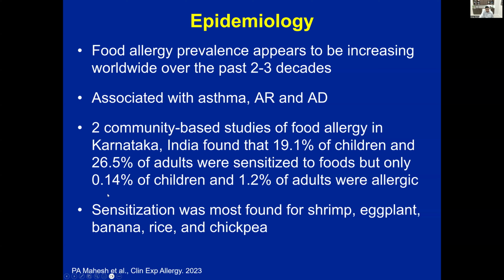This is from Dr. P. Mahesh, in Mysore, one of the food allergy experts in India. In his study, the sensitization was mostly for shrimp, eggplant, banana, rice, and chickpeas. So a little bit different from what we see in the West.